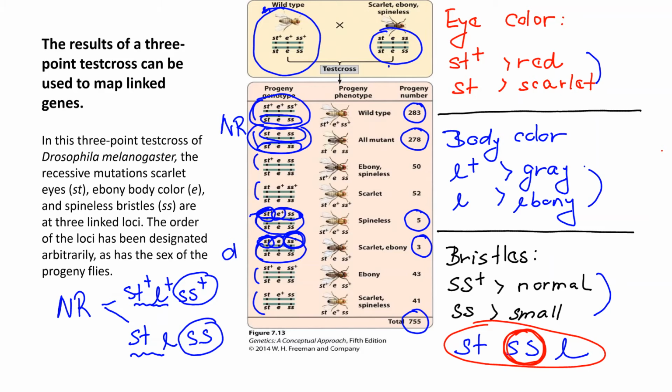It can be ST as SE or it can be E as ST. If you want to define proper orientation with regard to the 5 prime end of the chromosome, you have to perform an additional test cross with additional genes. What you can define is the gene which is in the middle, and you know that it's SS.